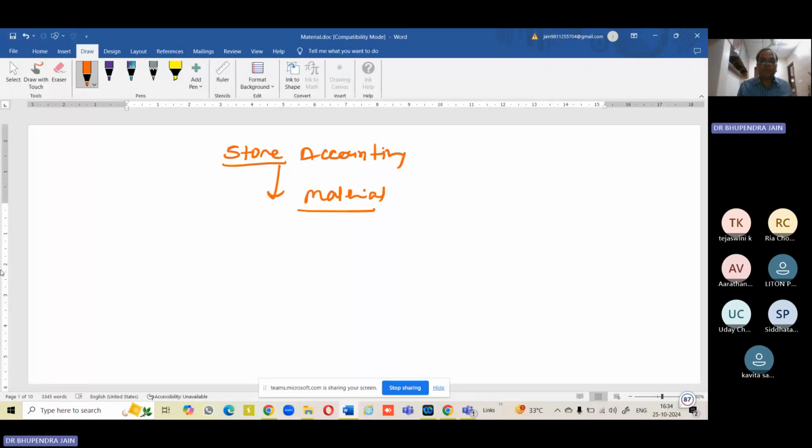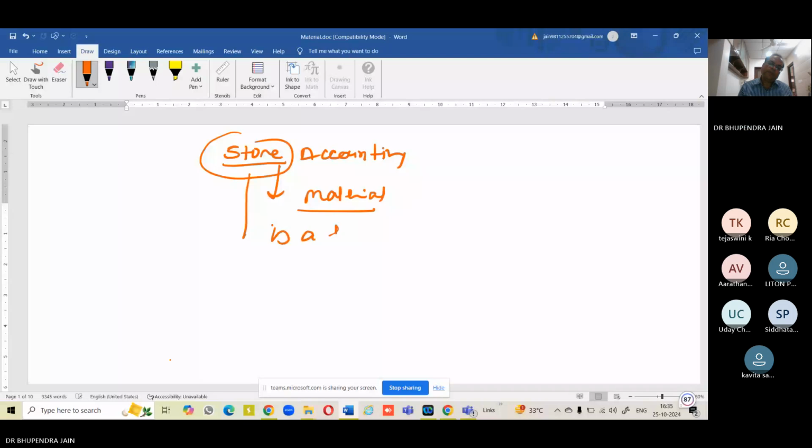But for the accounting purpose, store is not only material. Store and material are used interchangeably, but both the terms differ. Store, in meaning, is material. And the store is a place.